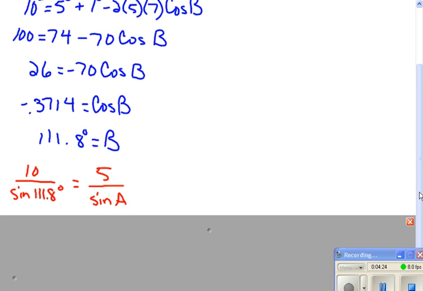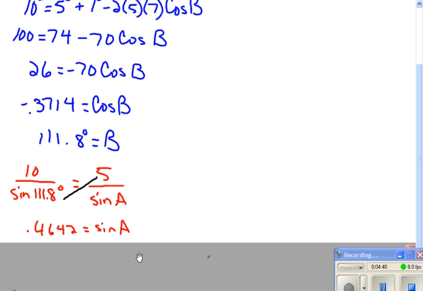When we cross multiply, we're going to take 5 times the sine of 111.8 degrees, and then we're going to divide that by 10.